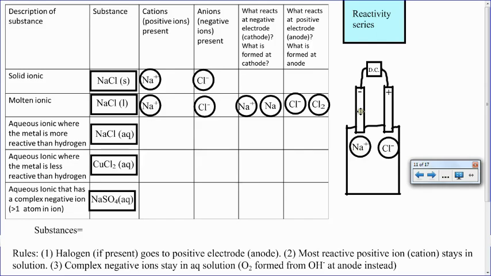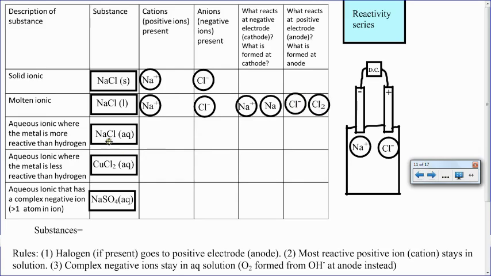It will gain an electron at this electrode and it will form the element sodium. At this electrode, chlorine will be attracted here, it will lose an electron and it will form chlorine gas. Of course you'll need 2 chlorine ions to form the Cl2 molecule.